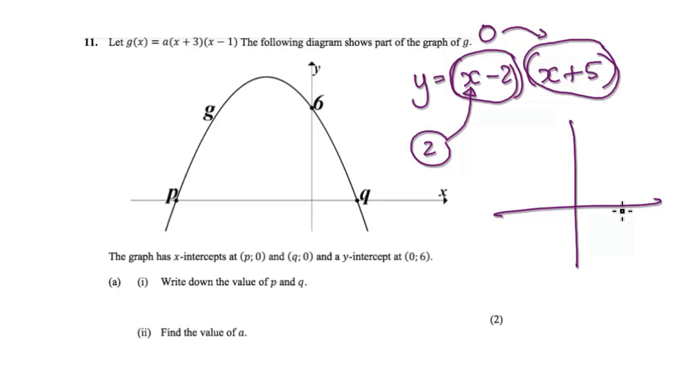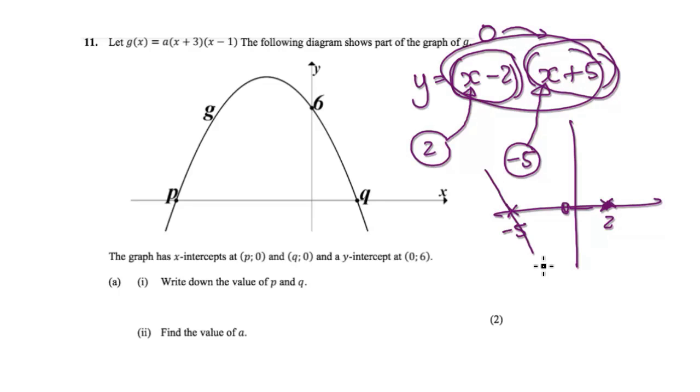So you know that at positive 2, the y value would be 0. If you put a negative 5 into the x, then the whole thing will be 0, meaning it will cross here, negative 5. So you know the graph will look something like this.